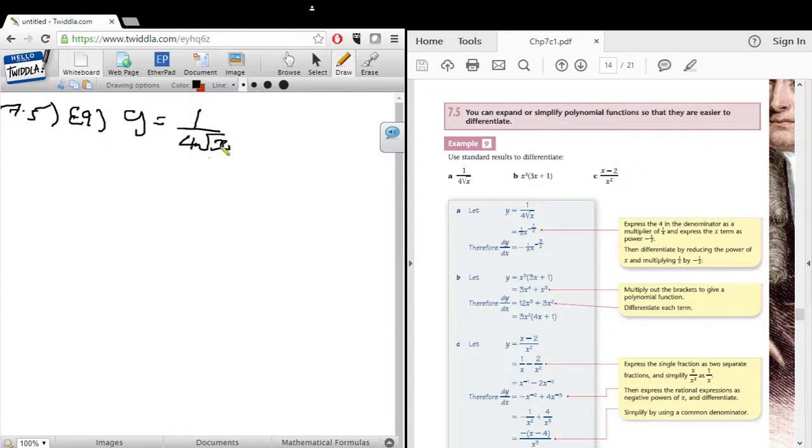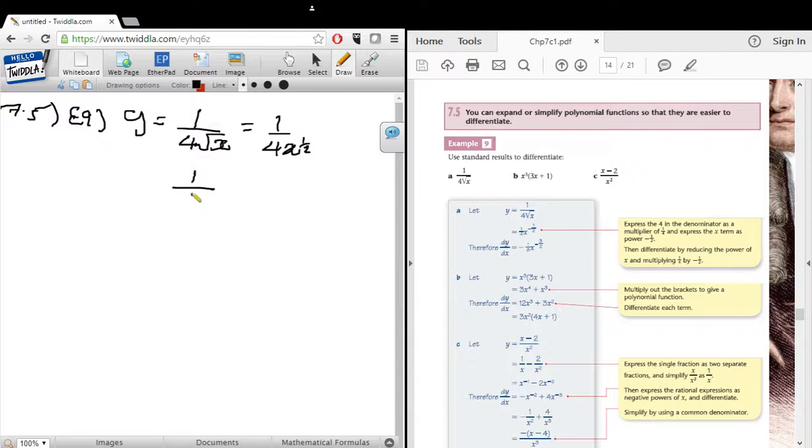Remember that we mentioned before, this here is equal to 1 over 4x^(1/2). And what did we say about bringing powers from the denominator to the numerator, or otherwise, the power is always negativized.